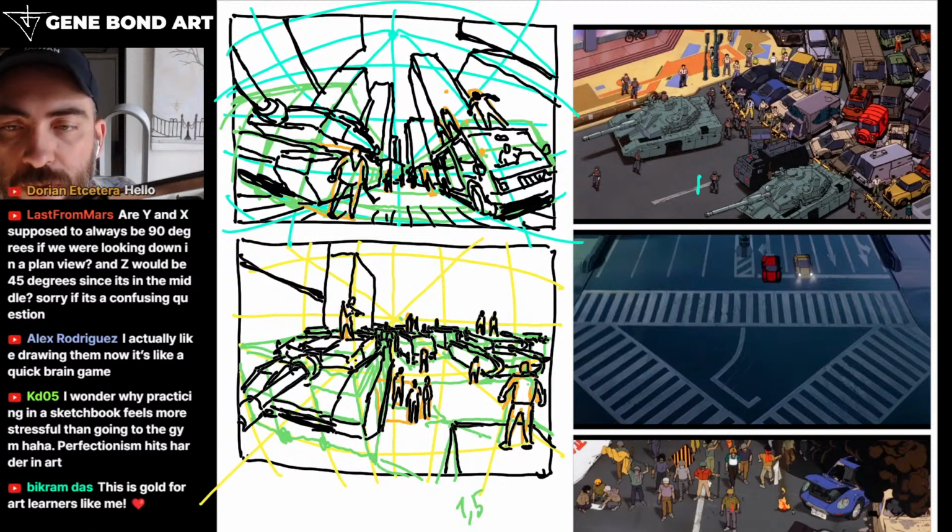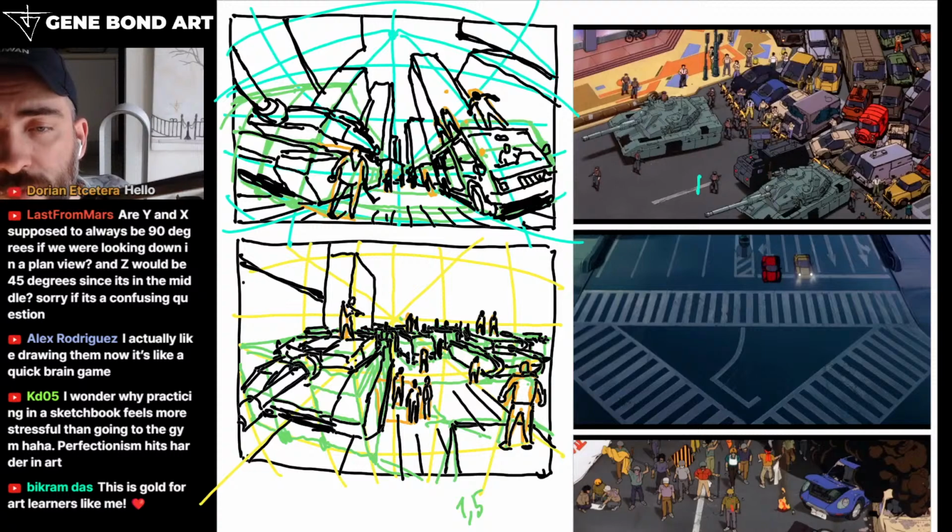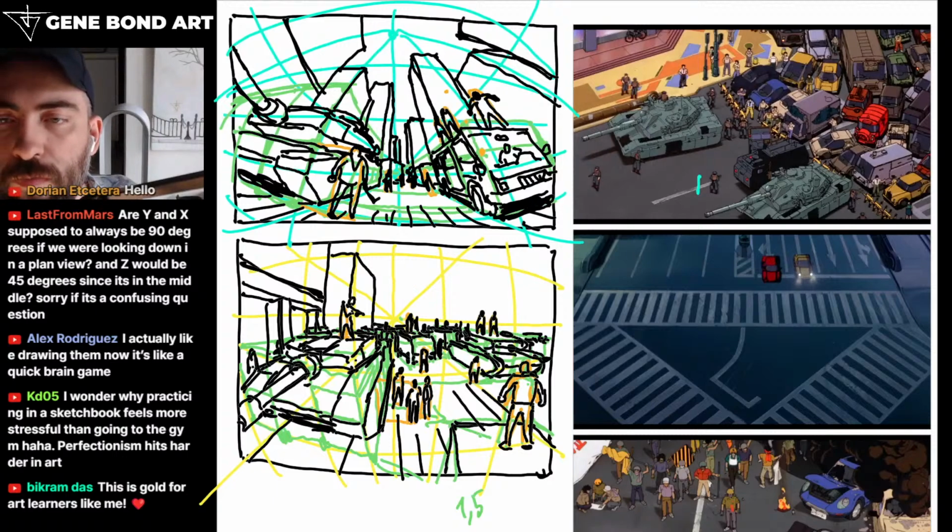Some people here, and again some kind of dynamic lines. Maybe there's some guy doing something.